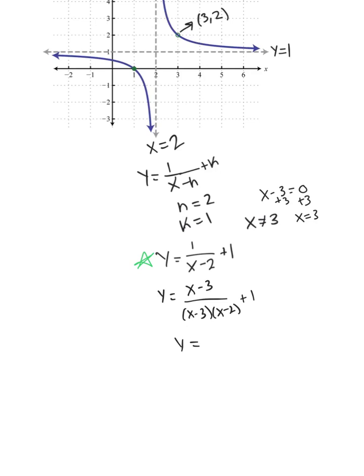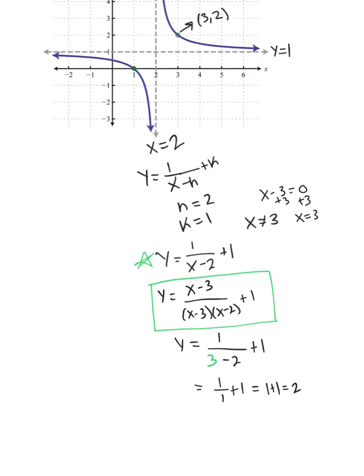So I've got 1 over 3 minus 2 plus 1. 3 minus 2 is 1. 1 over 1 is 1. 1 plus 1 gives you 2. So our function answer is this one right here. And when I evaluate the simplified version at 3, you get a y value of 2, which matches with the hole that you have on your graph.